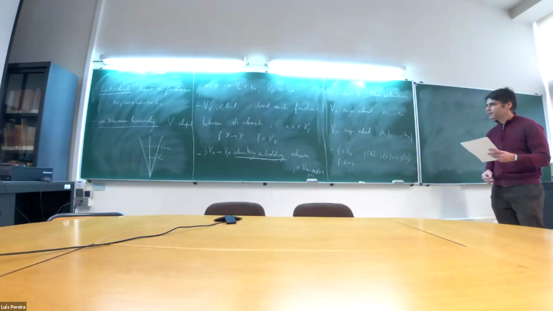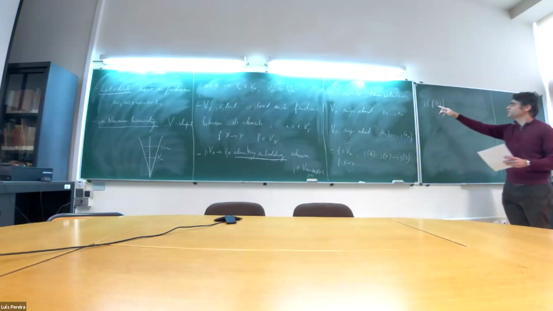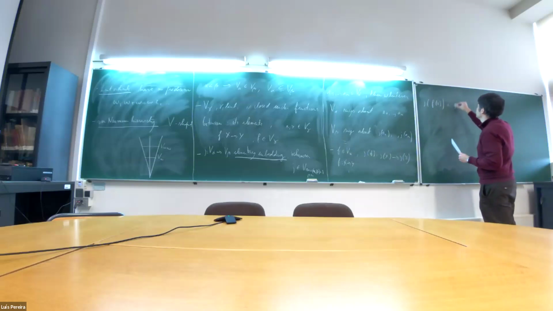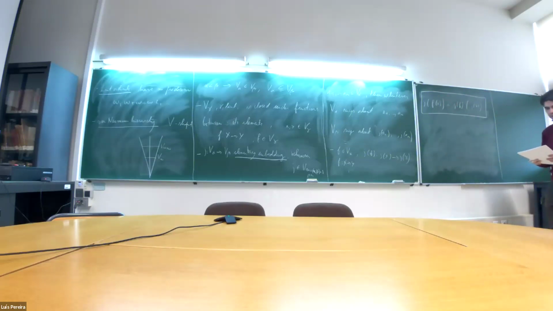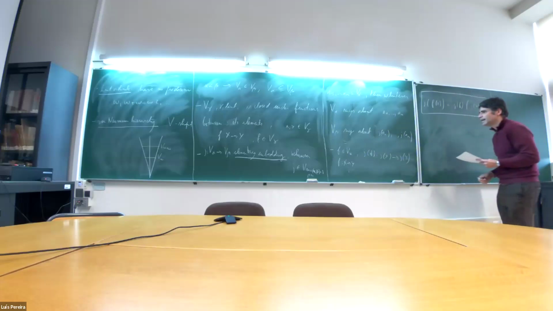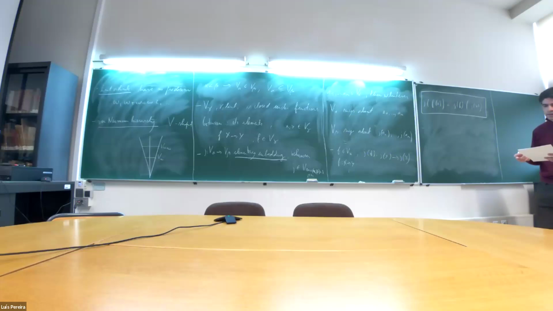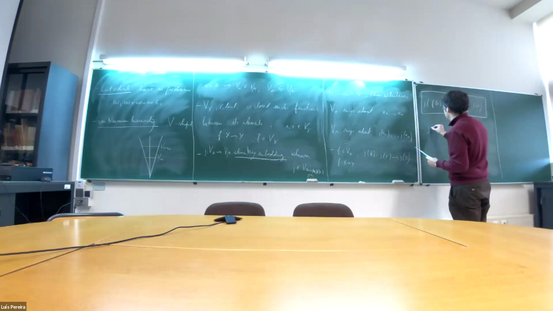Now the formula that we are going to need is that J of f of x is J of f applied to J of x. Then we have this notion of critical point.